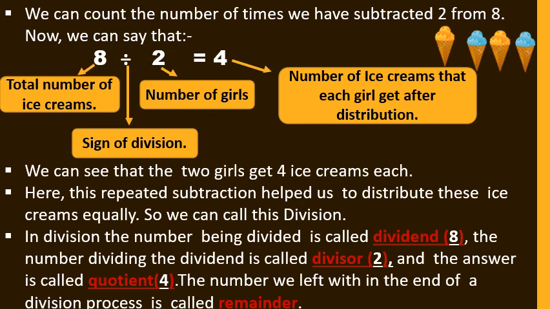Here the answer is 4. There is another thing that we will learn later on. The number we are left with at the end of a division process is called the remainder. Okay girls, so we have learned about dividend, divisor, quotient and remainder. Okay?